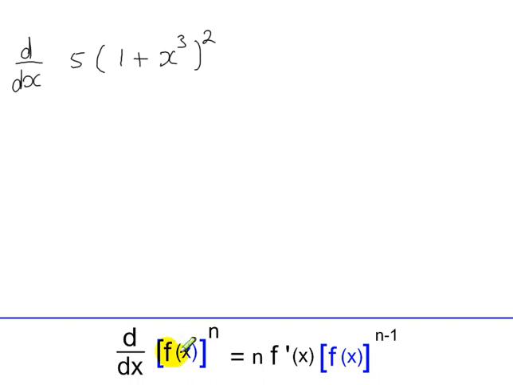In this example, f of x, the function inside the brackets, is 1 plus x cubed, and the power n is 2. So we can apply the formula, but once we've differentiated, we must multiply by 5. So the power comes to the front. That's the n times the derivative of the function inside the brackets.